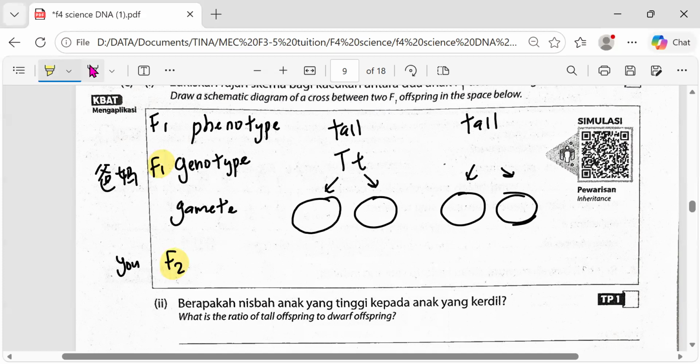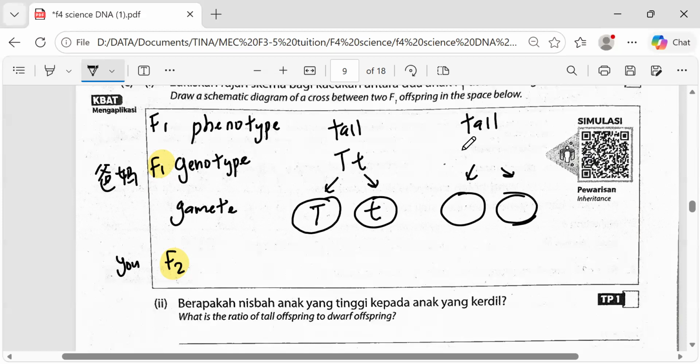If you have a few more generations, you can call me F4.